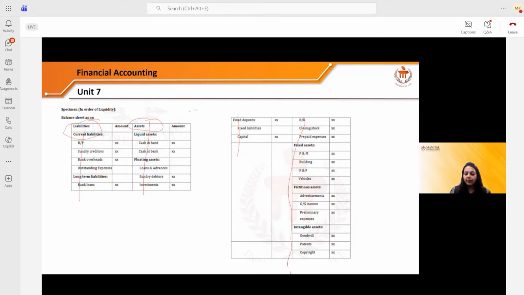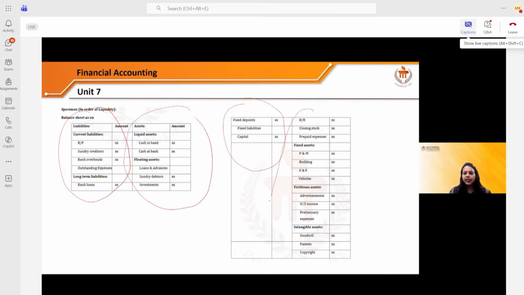So this is the liability, and that is the assets. I will go to the numerical again and find out which is assets and which is liability.